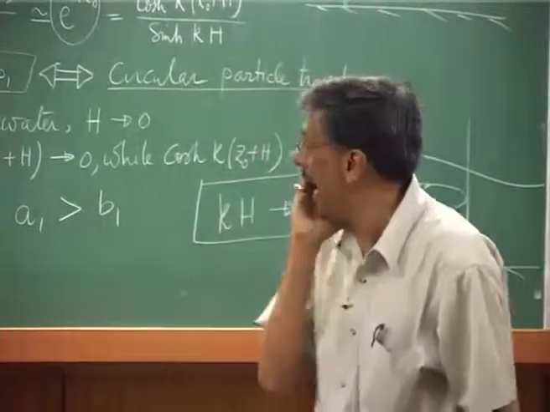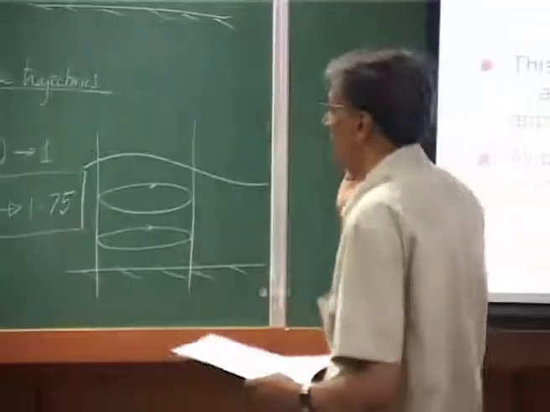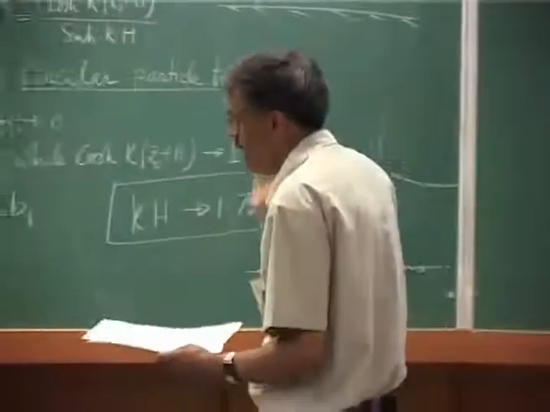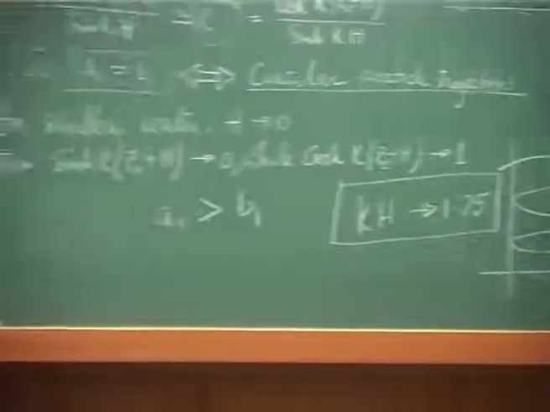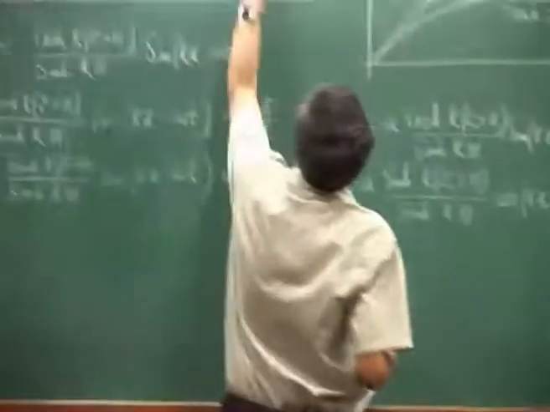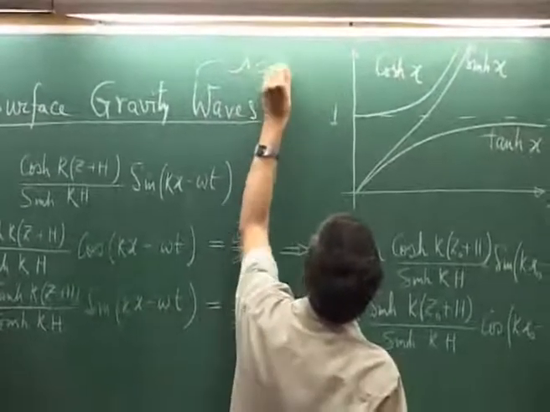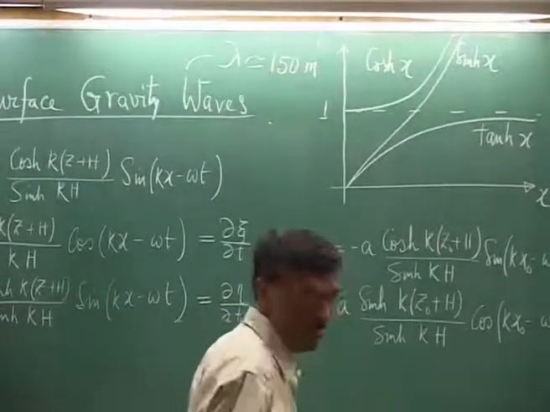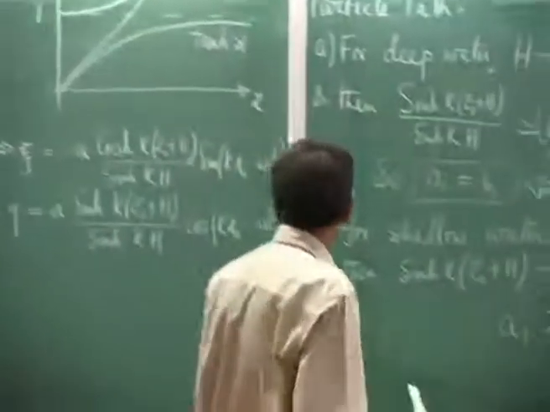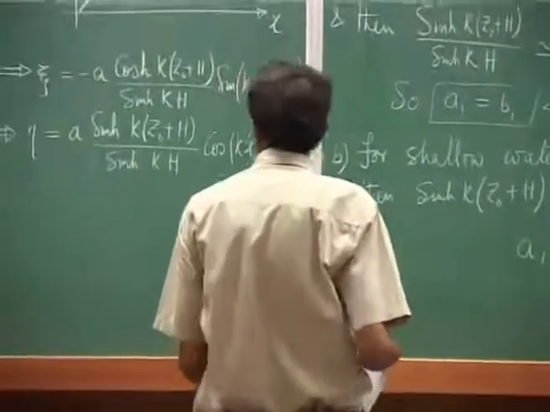And the surface gravity waves that we are talking about usually correspond to a lambda of the order of 150 meters.